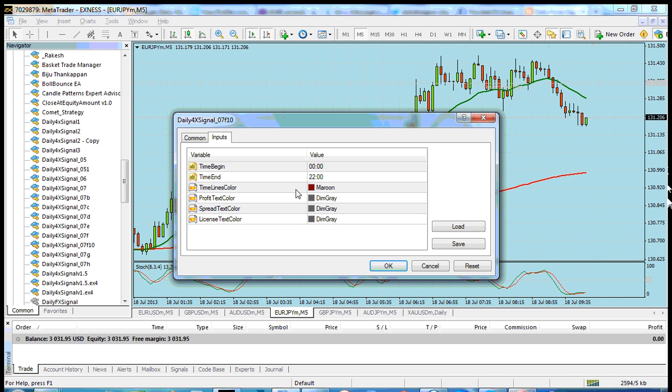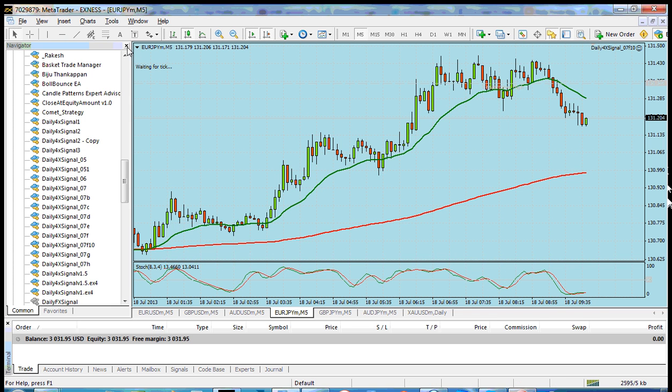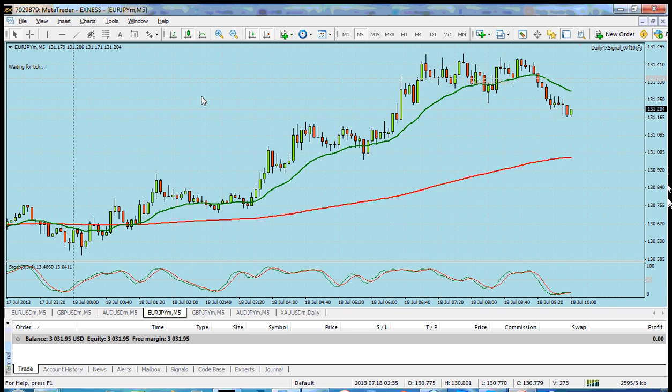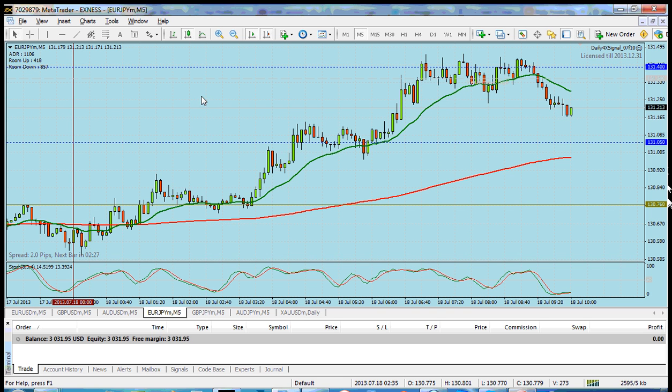These are of course the parameters that are there in the expert advisor. You can change them if you want to, but I just keep it as the default. Click on OK, and it is waiting for the tick. And you can see that all the lines have come back again automatically without you having to do anything manually.